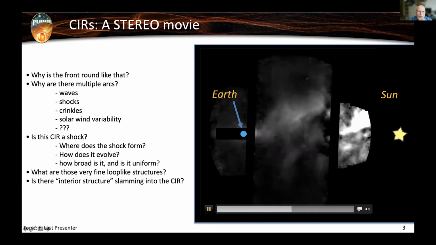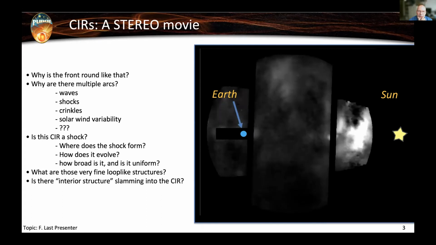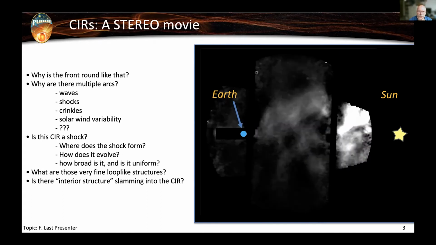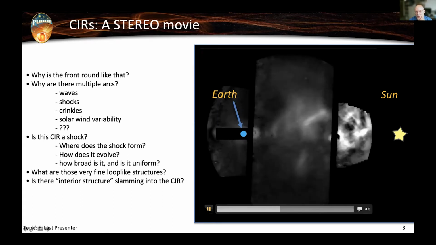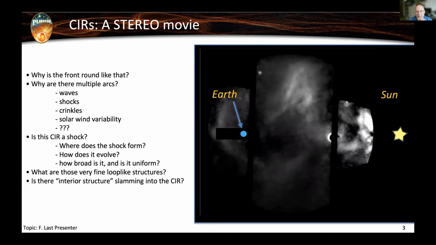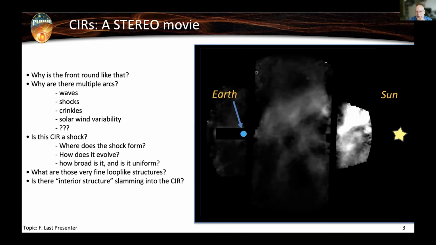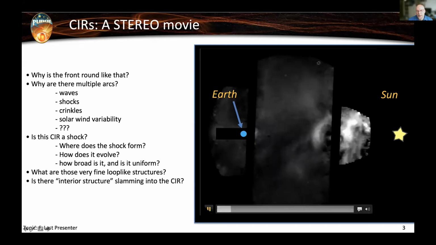So that's pointing to a lot of substructure that just isn't visible yet, and a lot of rich physics going on. Waves being launched, maybe little patches of shock forming, inhomogeneities in the solar wind. There's a big playground here to play on. There's a lot that we just don't know. And these are important because, as we learned earlier, these are the most common source of space weather.